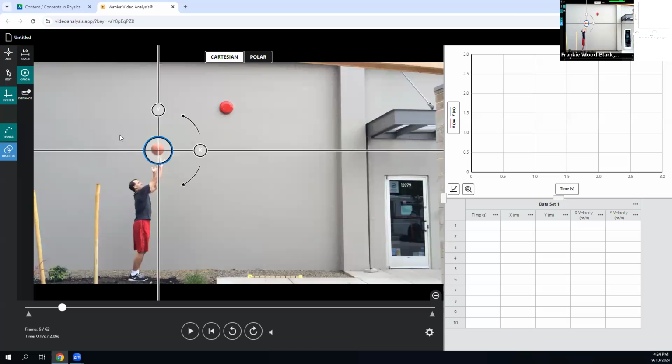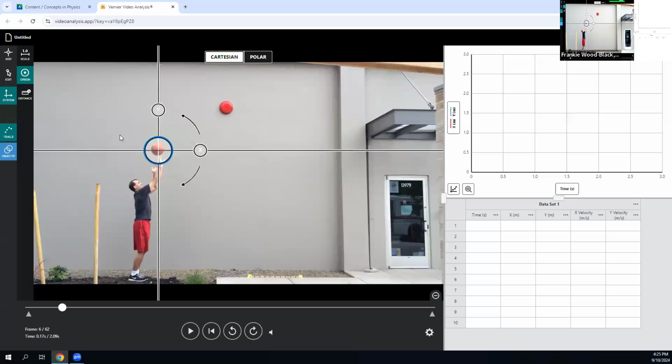Now, there is an acceleration that's acting on the basketball, and that's the acceleration due to gravity, which is acting downward. But that's only in the Y direction. And we're about to see that the motion in the X direction and the motion in the Y direction, up and down motion versus left-right motion, are independent of each other.